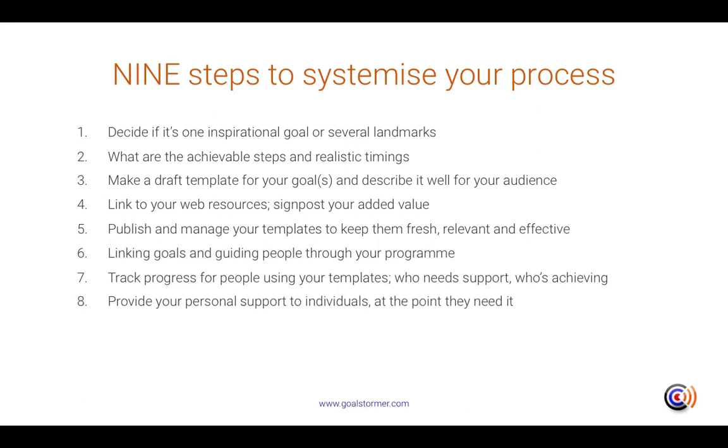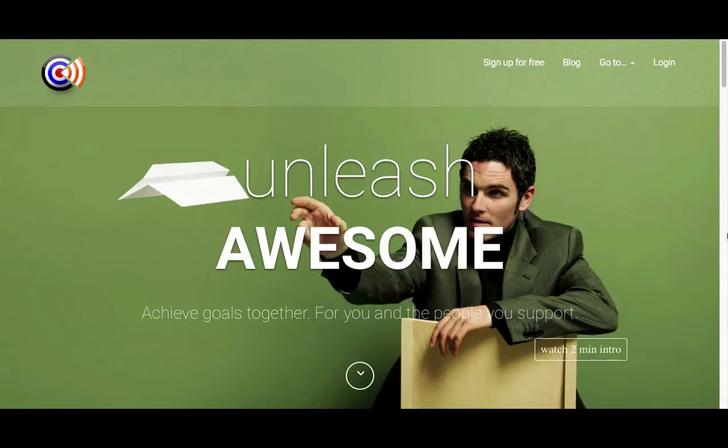We'll have a look at exactly how you can use the system to make it much easier to provide that support. And then lastly, I'll show you just how to use some of the analysis charts that we've got so that you can do more of what works well and improve the things which aren't performing quite so well. Okay, let's have a look at how to use GoalStormer to systemize your step-by-step process.